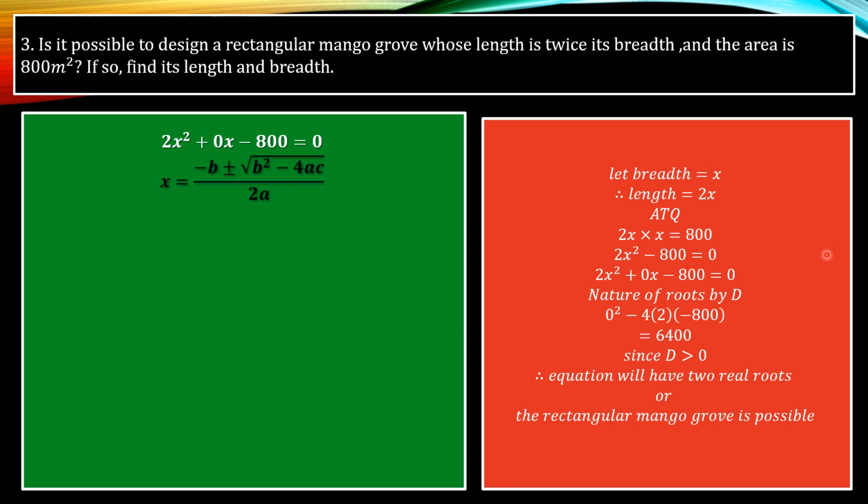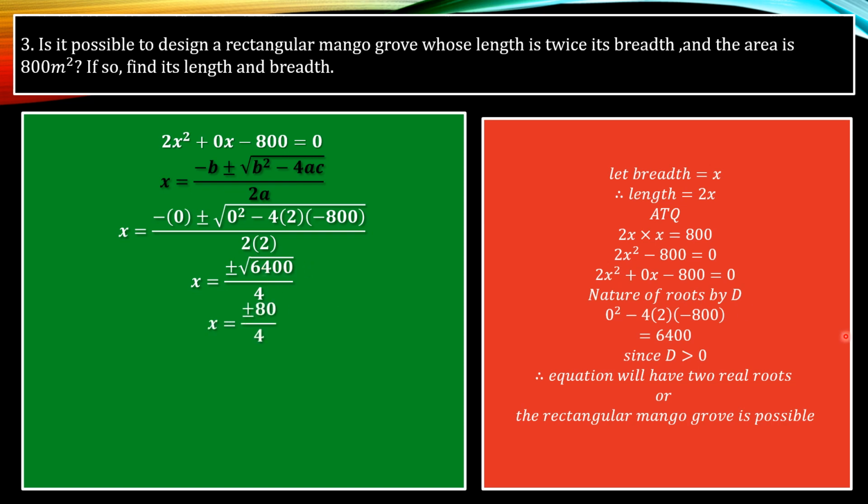Again, we apply the formula. Since b square minus 4ac we have already solved here, that comes out to 6,400. Replacing b by 0, b square minus 4ac is already there, 6,400. 2 into a, that is 2 into 2, will give us plus minus under root 6,400 upon 4, right?